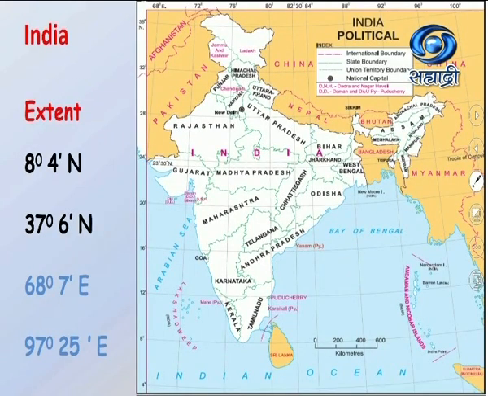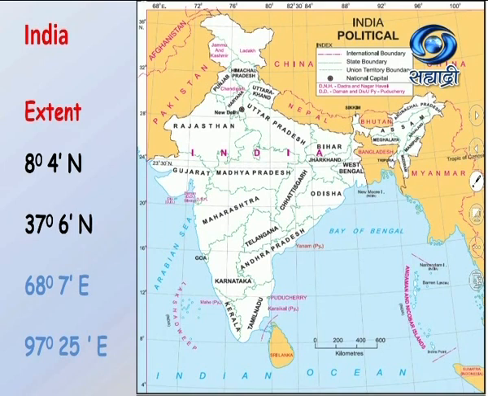Now let's study the extent of India. We know India's capital is New Delhi, which is shown on this map over here. Well, we have studied in the earlier map that India lies in the northern hemisphere and in the eastern hemisphere.